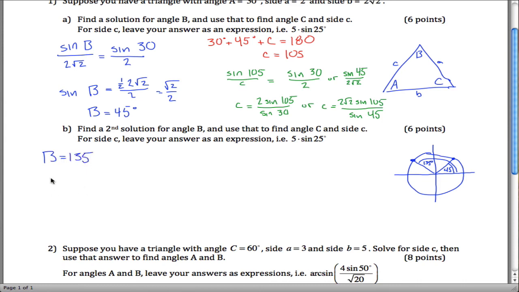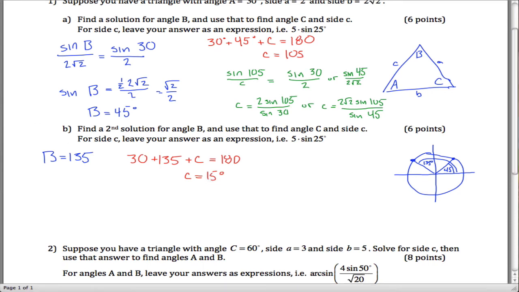And if we had B equals 135, we could figure out C. We would say 30 plus 135 plus C is 180. This is 165, so C would have to be 15 degrees.